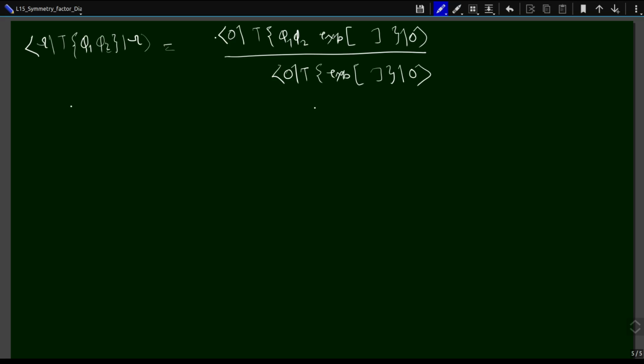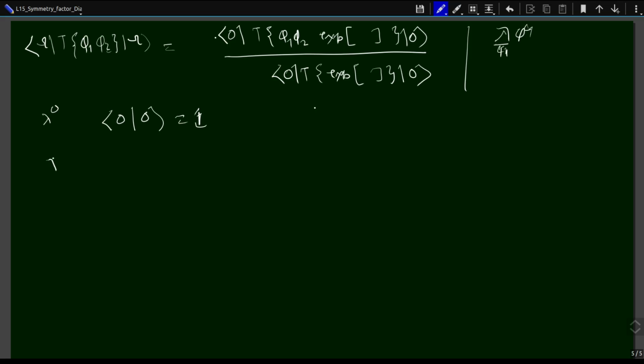So the denominator, if you just expand the first term, again I'm talking about lambda phi 4 by 4 factorial theory, the same Lagrangian. At lambda to the power 0, I will have vacuum vacuum, which is equal to 1. The vacuum and vacuum will contract and give me 1, because the first term is just this.